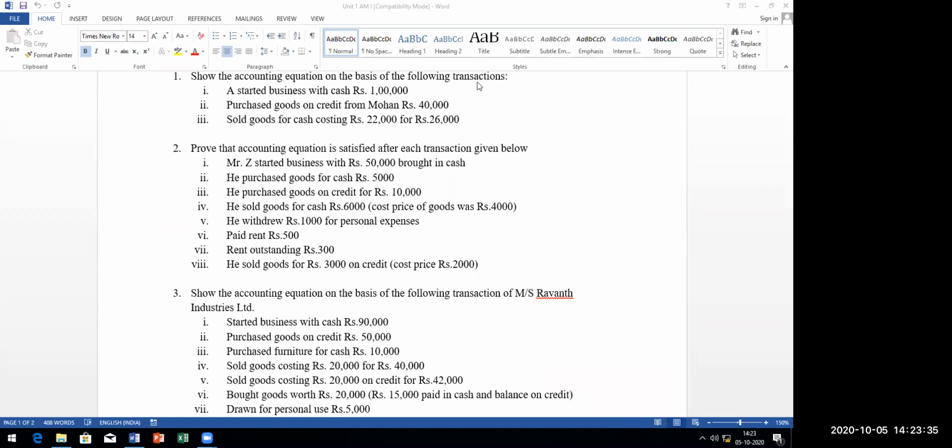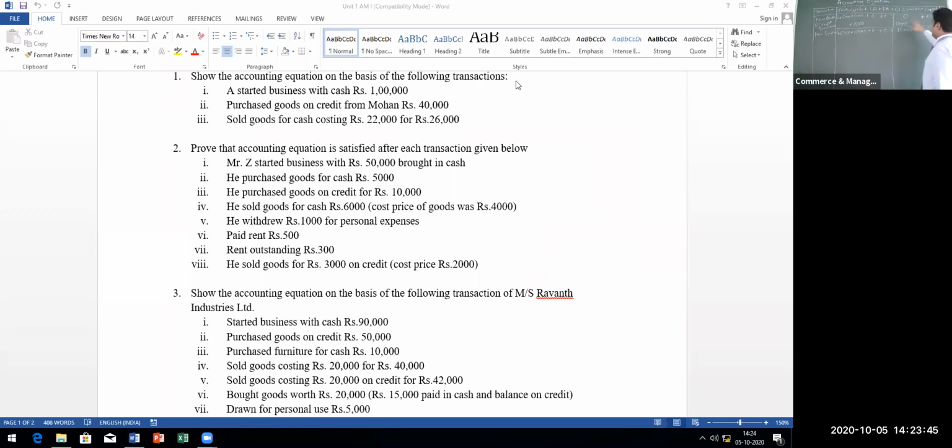Excuse me, sir. On the liability side, is it current liability plus long-term liability, or current liability or long-term liability? There may be both actually. This whole side is the liability side. It can be current liability or long-term liability, for example debentures, bonds, or any long-term bank loan.